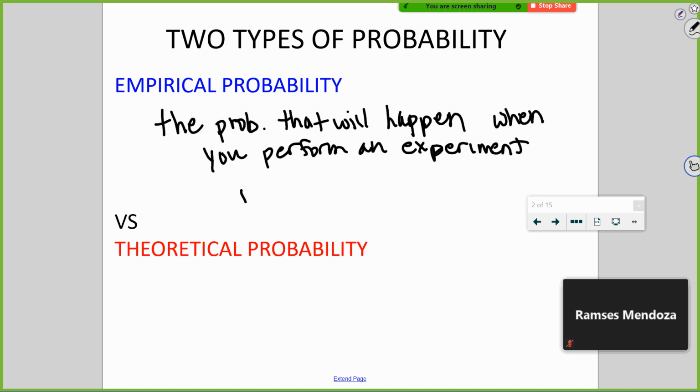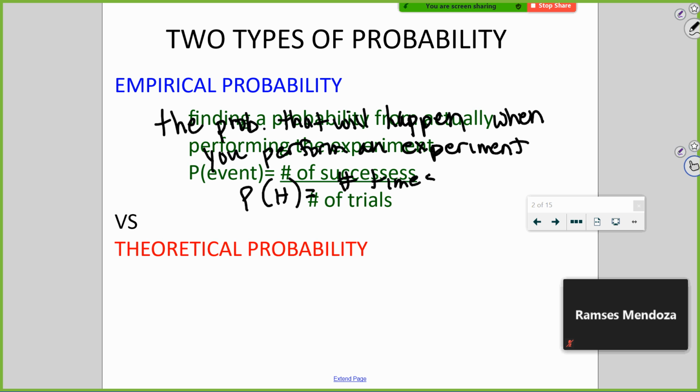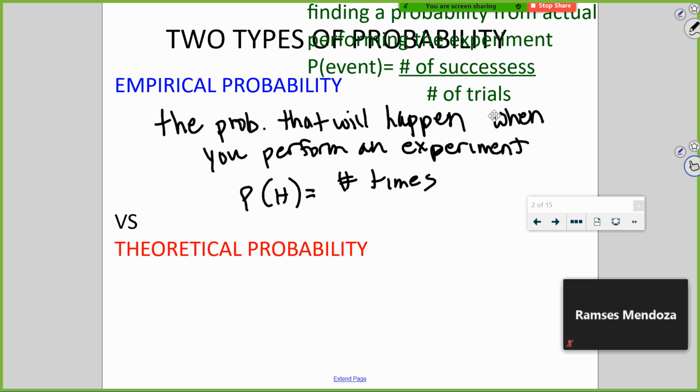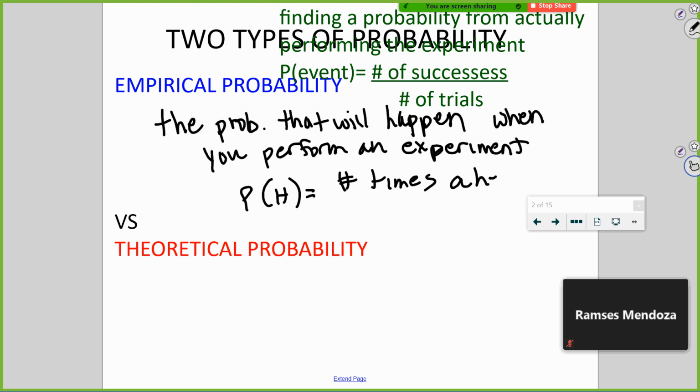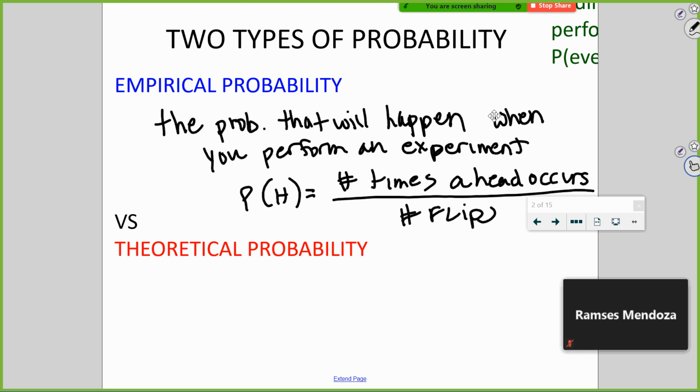If I wanted to find the probability of heads, I would take the number of times a head occurs divided by the number of flips. So I'm going to model that on the calculator.